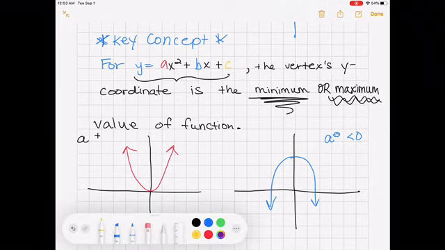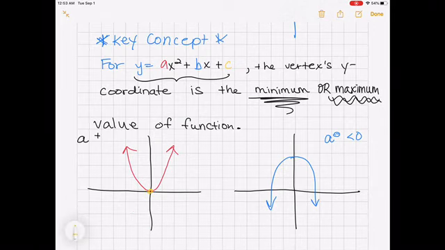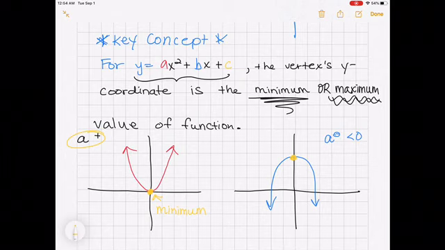Well, where's the vertex? We know the vertex is right in the center of that curve, and here's the vertex. Here's how we can tell if it's a maximum or minimum. When we're looking at this red parabola over here to the left, what is the vertex to you? Does that look like the lowest point or does it look like the highest point? Well, it's pretty obvious. We know this is the lowest point, so we call this the minimum value. So when a is positive, the vertex has a minimum value.